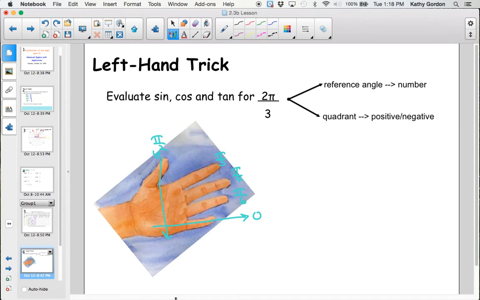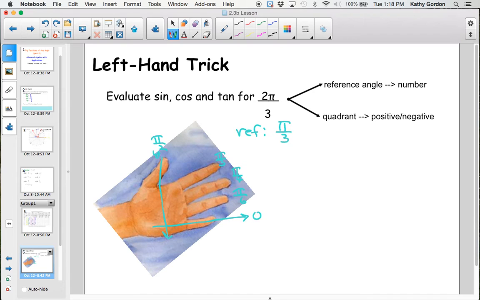All right, so here's what you do. First of all, you take a look at 2 pi over 3. What's my reference angle? Pi over 3. Okay, which finger is that? Index. Your index finger. So you take your hand and you fold down your index finger.